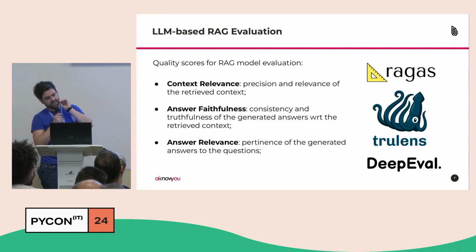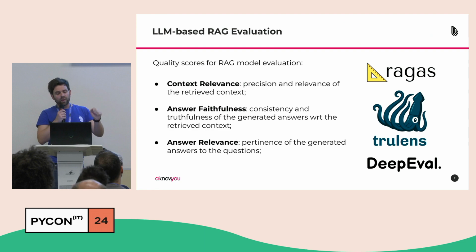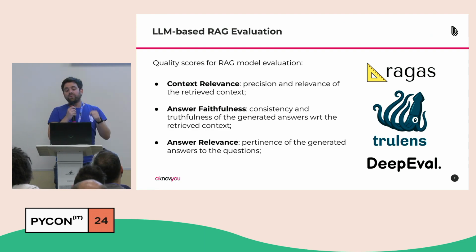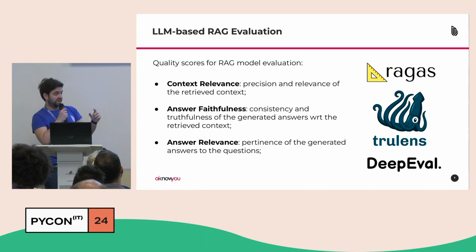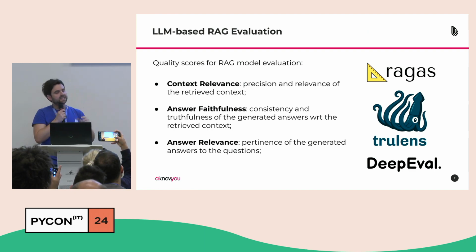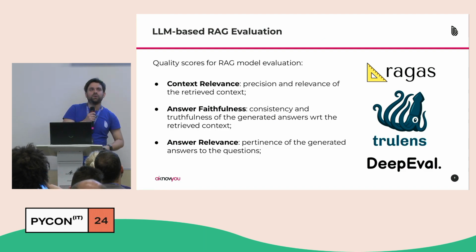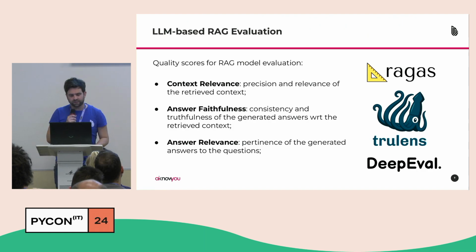I strongly suggest them. The context relevance is basically the relevance of the retrieved context given the question. So I ask some question, I take a piece of text, and I would like to extract just the relevant part of the context which is able to reply to that question.